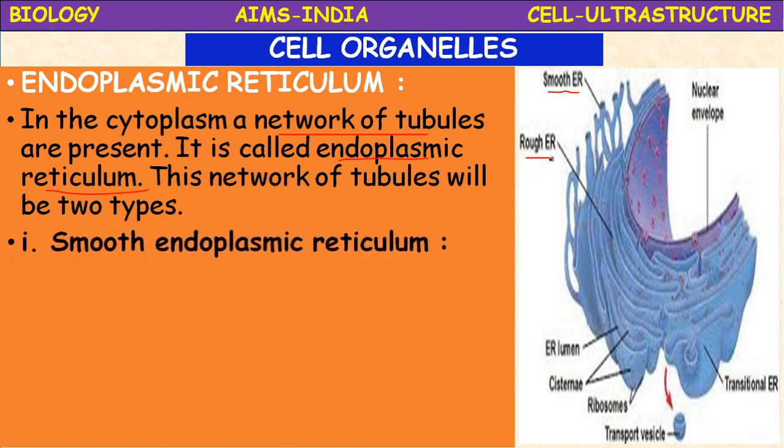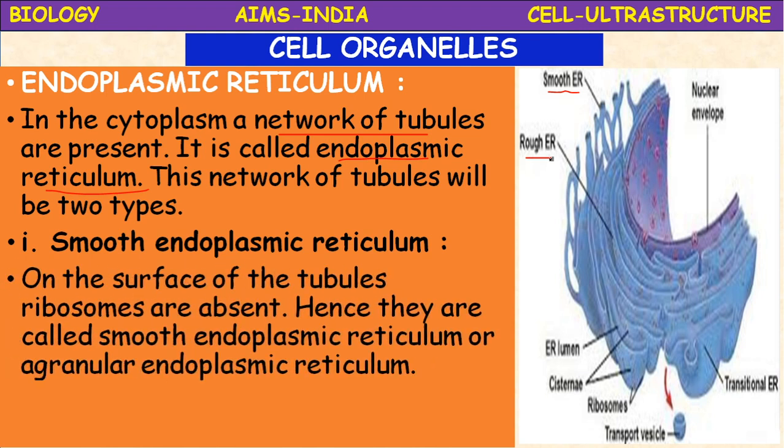Smooth endoplasmic reticulum: if there are no granules or ribosomes on the surface of the endoplasmic reticulum, then it is a smooth endoplasmic reticulum. It is also called agranular endoplasmic reticulum.